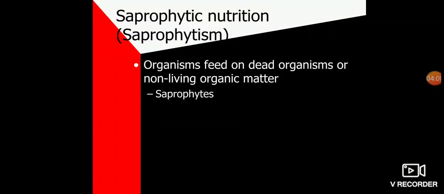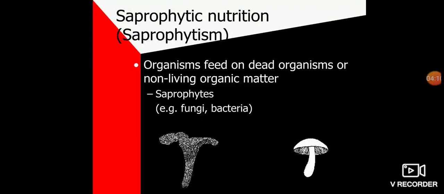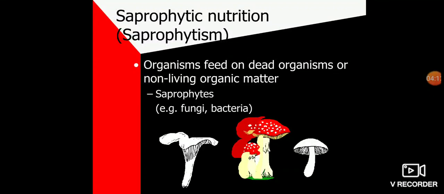Some non-green plants which obtain their food from dead and decaying organic matter are called saprotrophs or saprophytes. This mode of nutrition is called saprophytic nutrition. The non-green plants called fungi derive their food from dead and decaying organic matter.